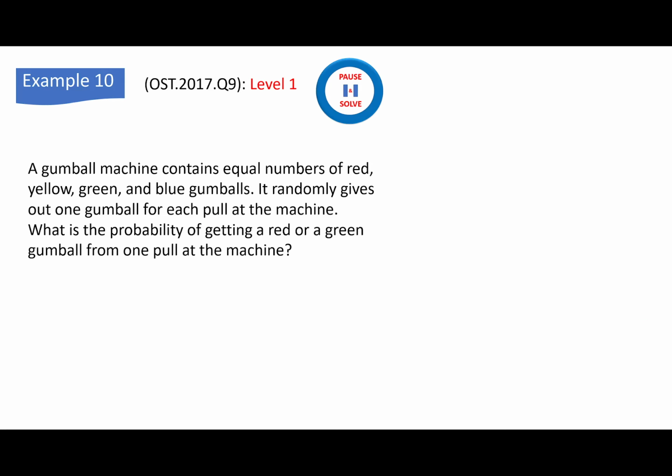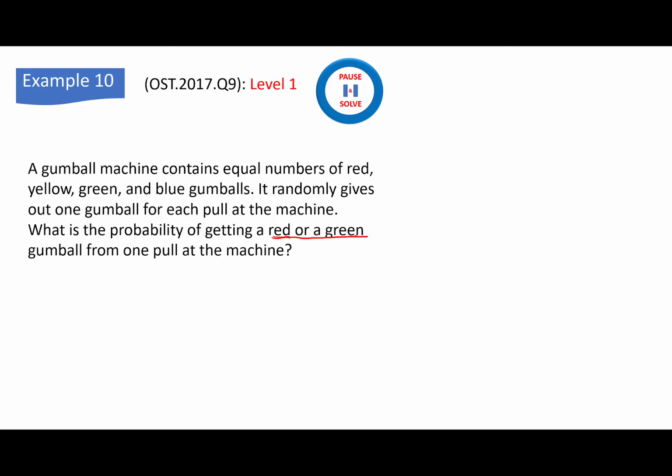Example 10. A gumball machine contains equal numbers of red, yellow, green, and blue gumballs. If it randomly gives out one gumball for each pull at the machine, what is the probability of getting a red or green gumball from one pull? Again, these are mutually exclusive events.